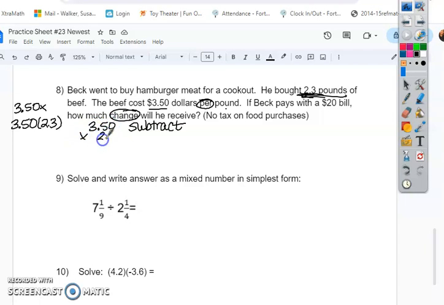We do not line up the decimals when we multiply. So your job is to multiply that. That is going to tell you how much it's going to cost for the beef. Okay? Then subtract from a $20 bill. I'm just going to be nice here and do this so that we don't see any silly mistakes.